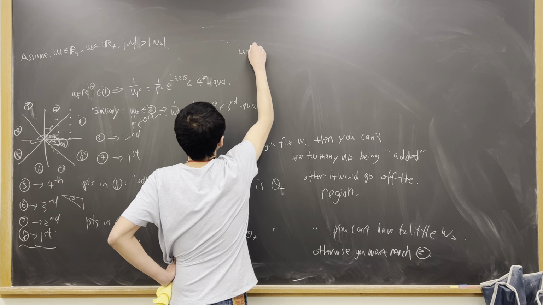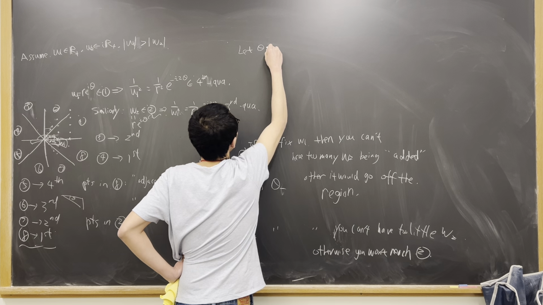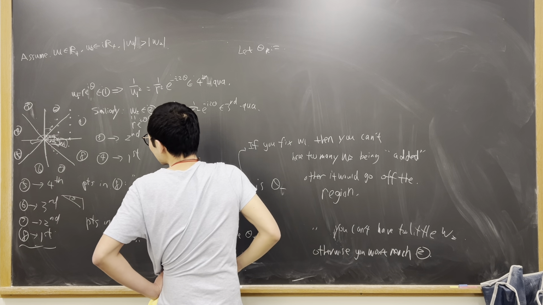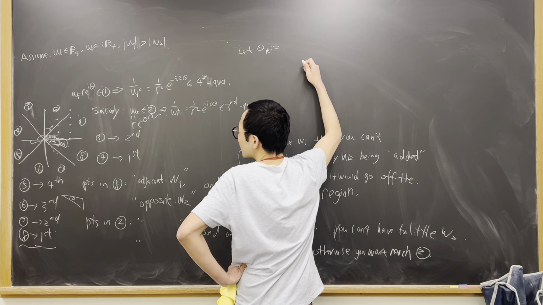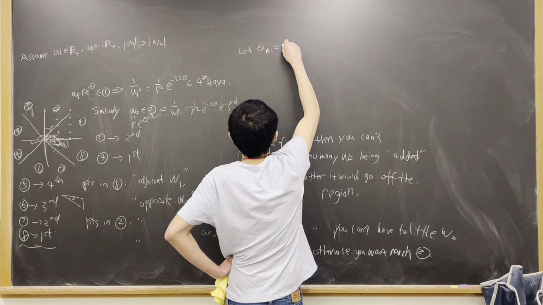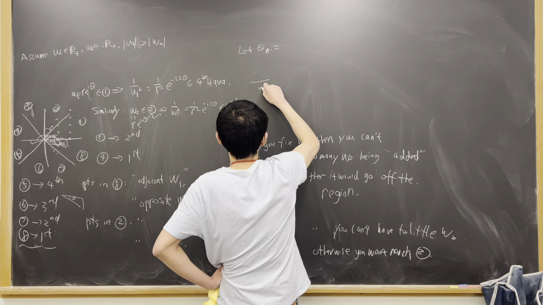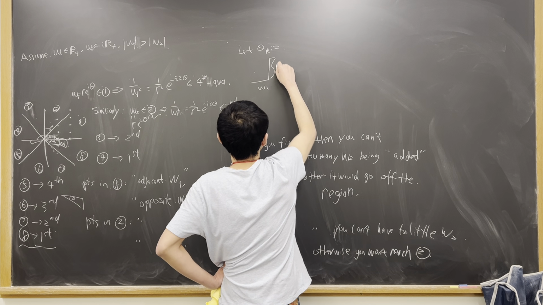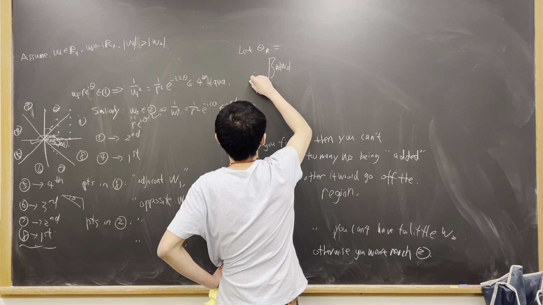Let theta k be the angle where you have this omega 1 and k omega 2 rectangle.